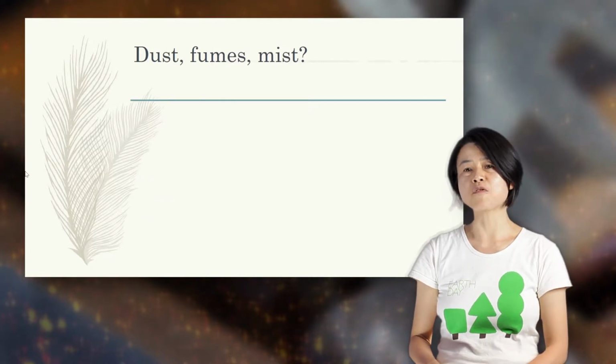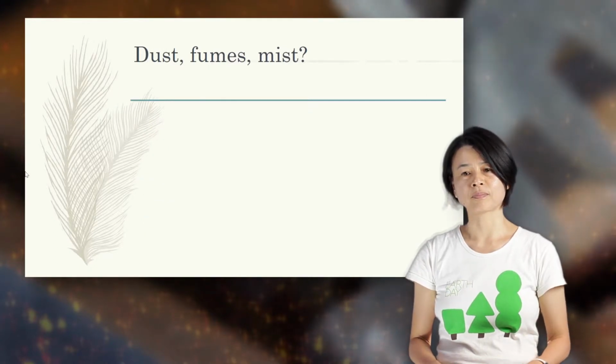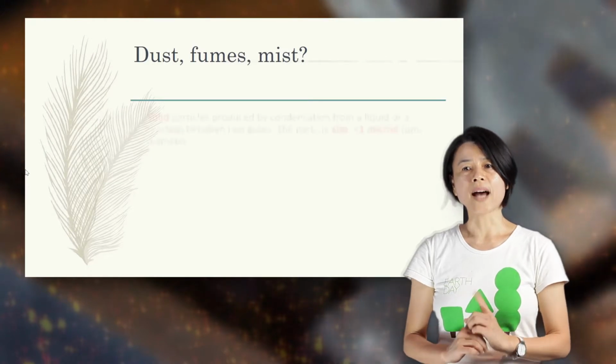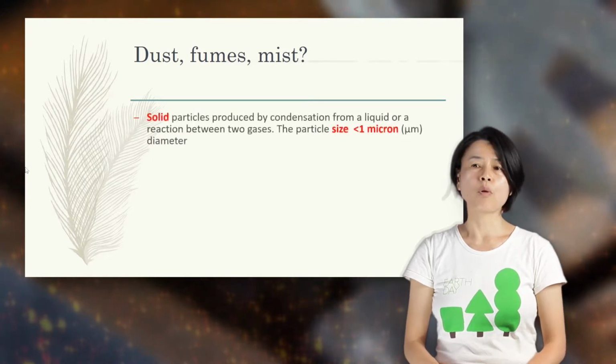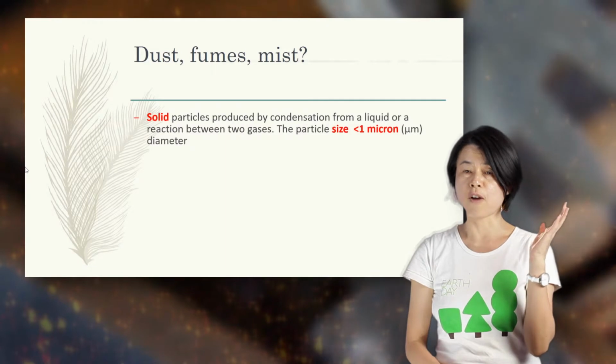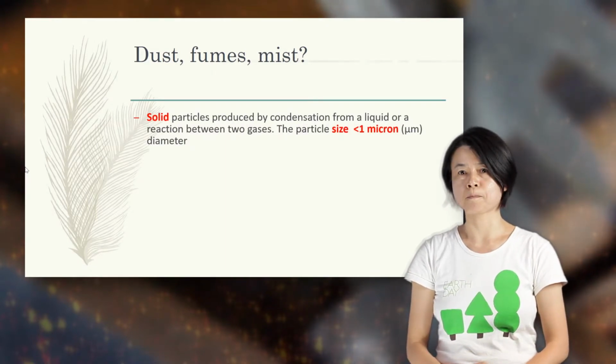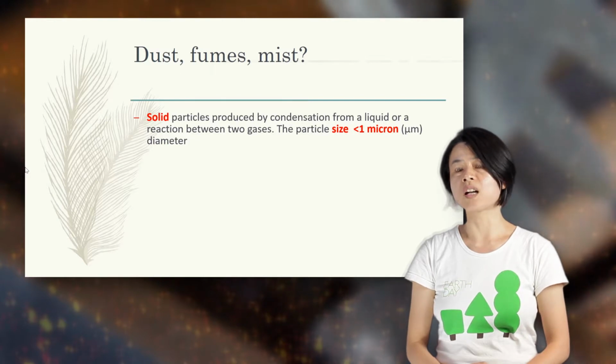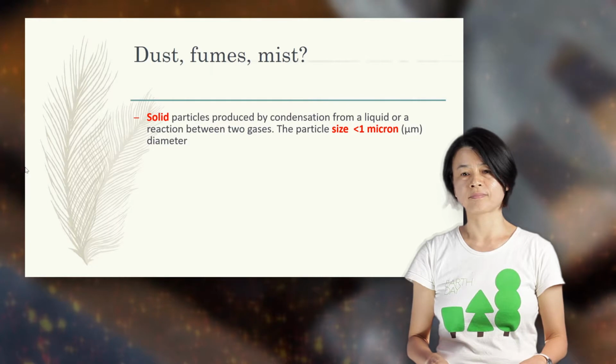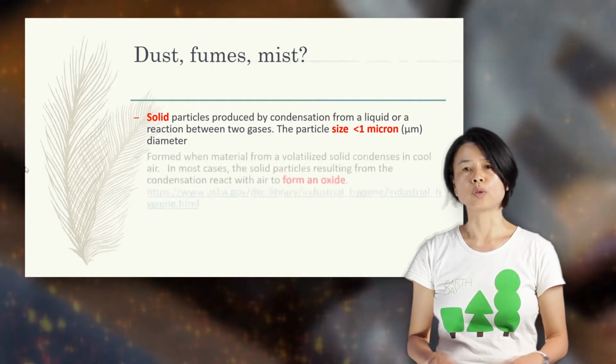Okay, definition for the second word. 1. Solid particles produced by condensation from a liquid or a reaction between two gases. The particle size is smaller than 1 micron in diameter. 2.